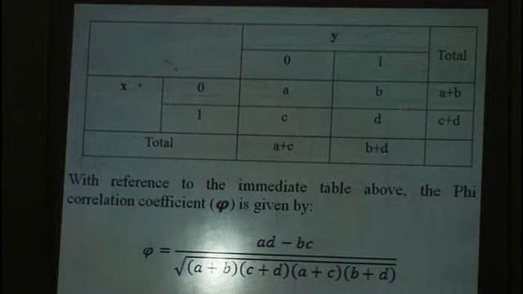Now this leads us to the formula. AD means you take the product of the main diagonals, that's A and D. Then you subtract the product of the off diagonals, that is B and C, and you divide by the square root of the product of the sums of all the entries as recorded in the rows and as recorded in the columns.